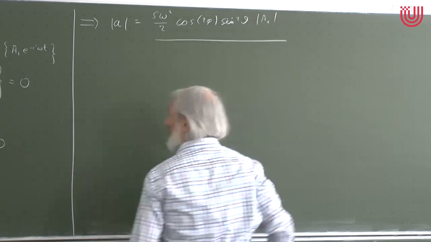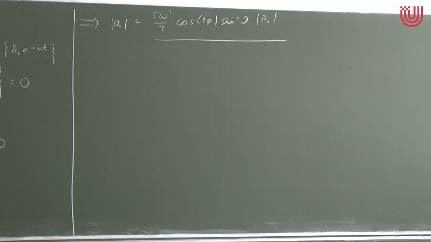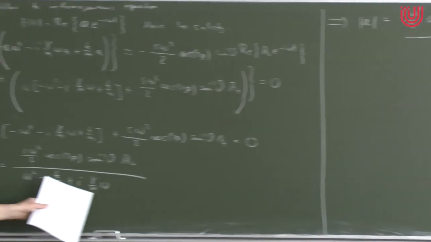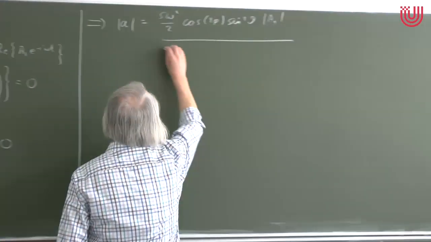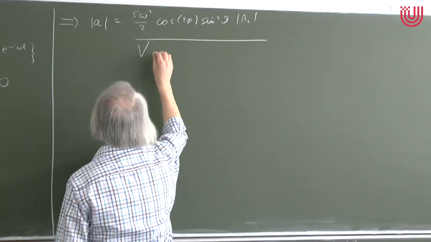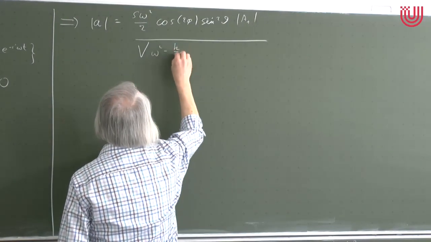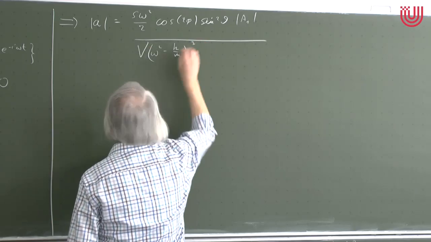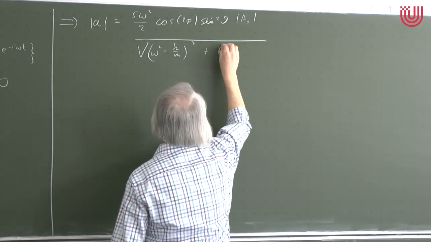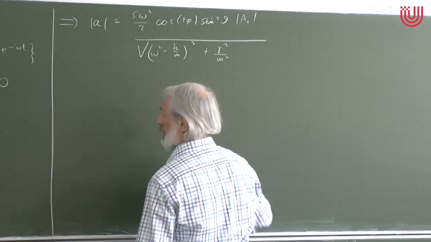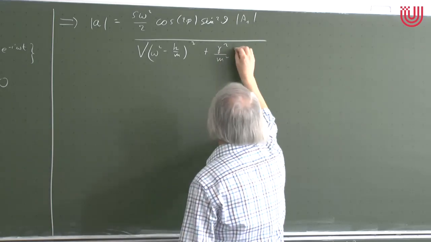And in the denominator, I have a complex number. What's the modulus of a complex number? It's the square root of the real part squared plus the imaginary part squared. So it's the square root of real part squared, omega squared minus k over m, squared, plus imaginary part squared, gamma squared over m squared, omega squared.